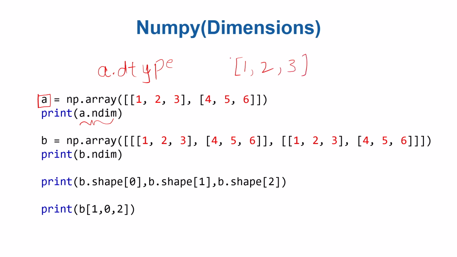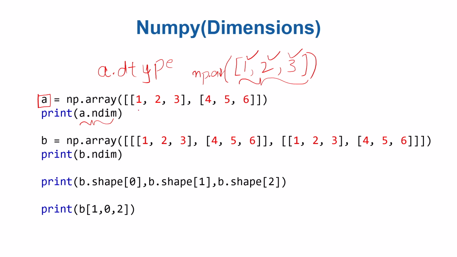If it is np.array with that list, we will say that array is a one-dimensional array because we only need one index to access an element. For example, either 0, 1, or 2, only one index. So in this case, we have just a one-dimensional array.